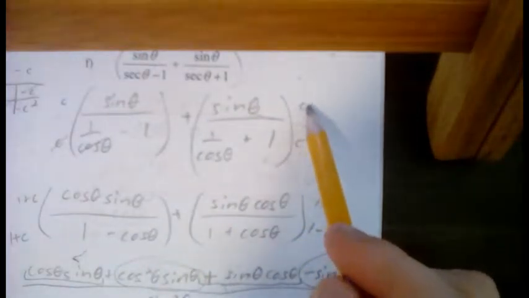And pretty much the same thing on this side, distributing the cosine except with a plus. Then once you have these two fractions, you'll need to multiply this first one by 1 plus cosine over 1 plus cosine to get the same common denominator as the other fraction.